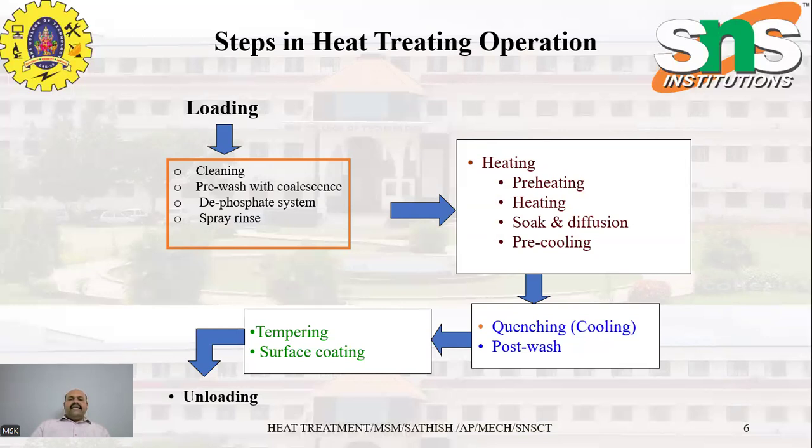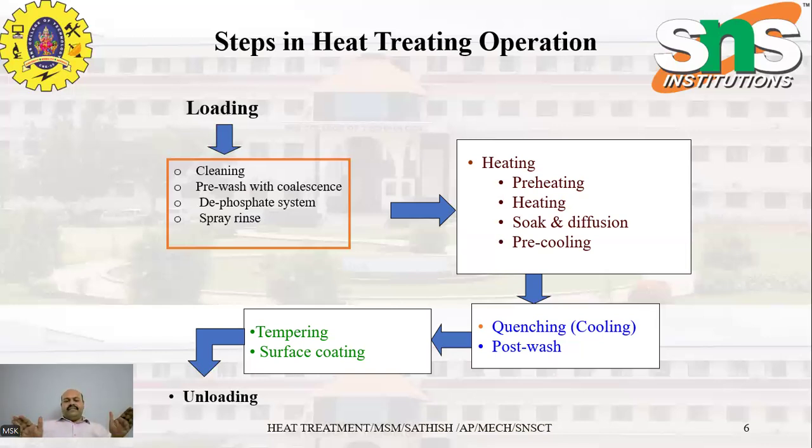So in that, cleaning is done, pre-wash with coalescence. You have to completely clean or degrease, dephosphate the material to be heat treated. Then we have to spray rinse to remove the material which is sticking to the surface of the metals. Then we go for preheating in the heating chamber.